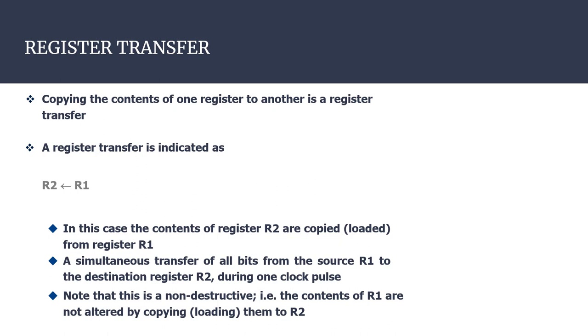The transfer happens when a control signal is initiated and all the bits of register R1 transfer their contents in parallel to register R2. So here we should note that the sizes of these registers should be the same.